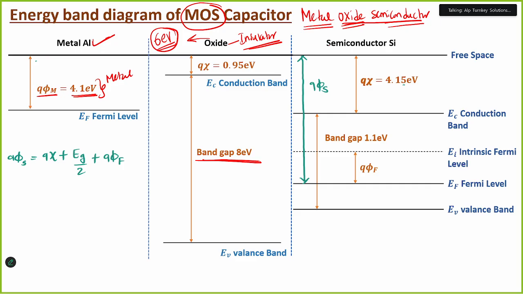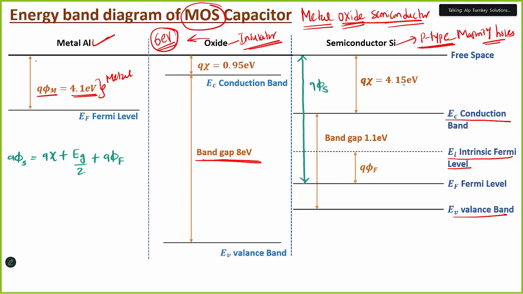Next, the p-type material we already saw. This is the conduction band, this is the valence band, and this is the intrinsic Fermi energy level. As this is p-type, the majority carriers are holes, so the Fermi level will be towards the valence band.